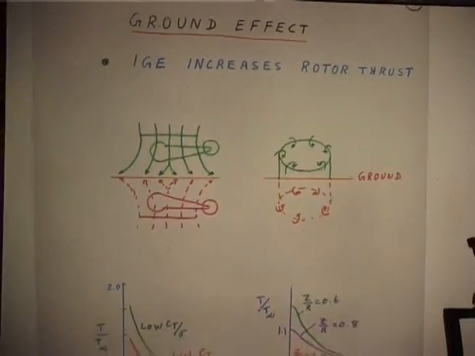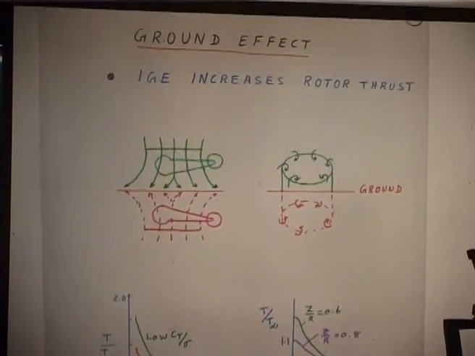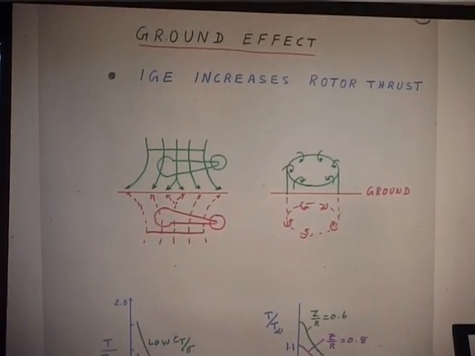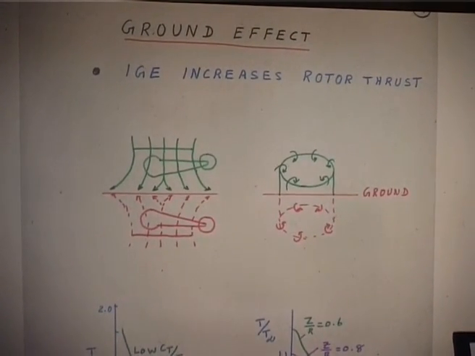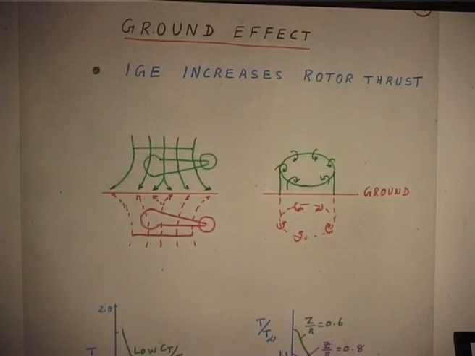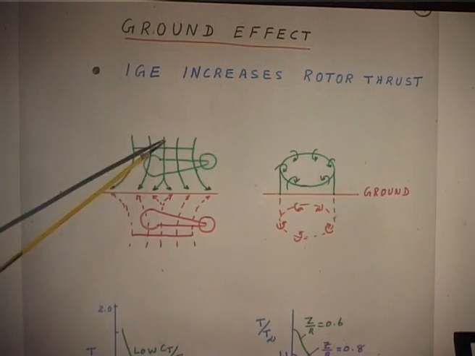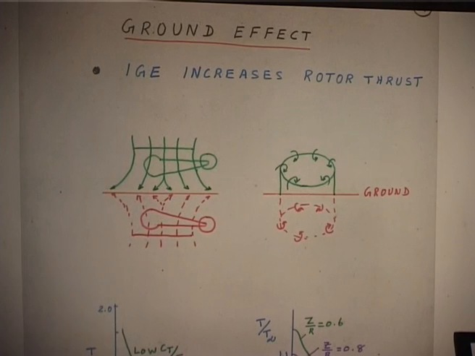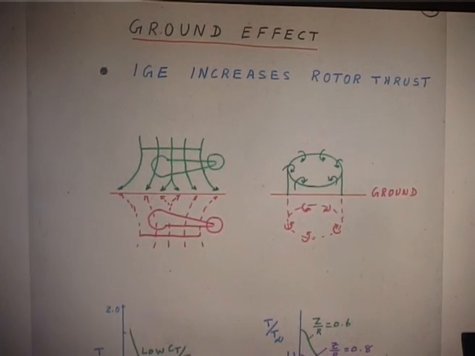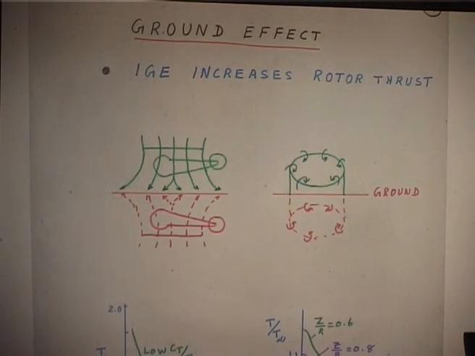Your rotor is operating close to the ground rather than far away. The rotor inflow comes, it hits the ground, that means the normal velocity should go to 0 at the ground level.